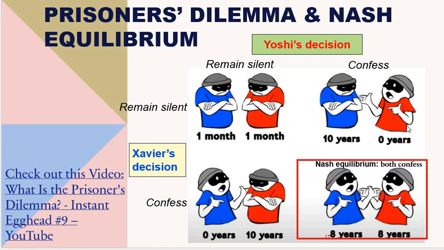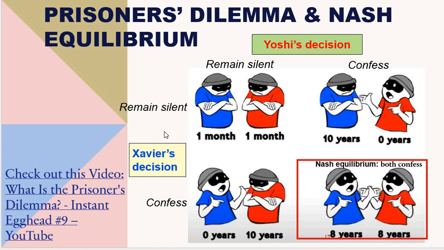If Yoshi confesses while Xavier remains silent, Yoshi gets 0 years. And if Yoshi remains silent when Xavier remains silent, Yoshi gets 1 month, which is actually more punishment than telling on Xavier.